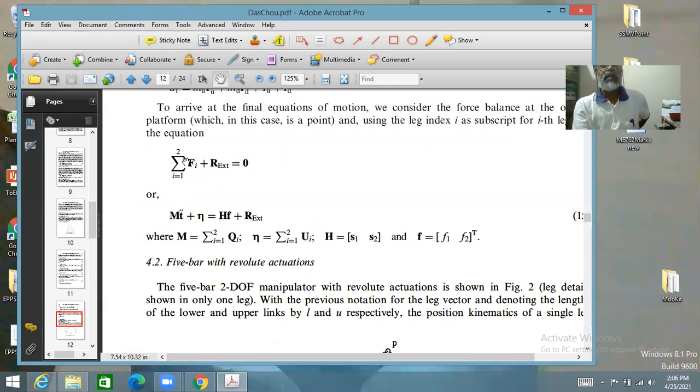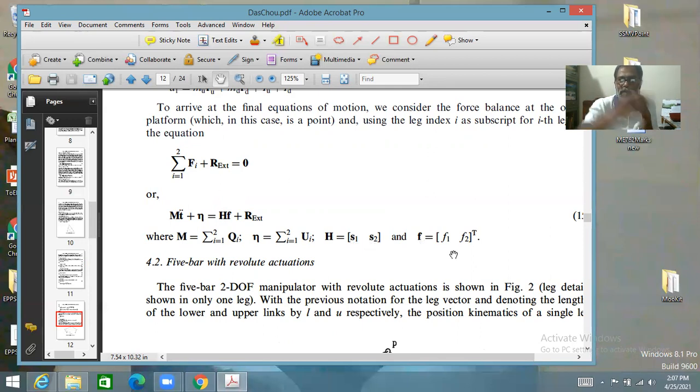So that's it. So from here we get the equation in this form, where the coefficient of t double dot, see t double dot and f come from there, right? So whatever was the coefficient of the small f there, the actuator force, that now comes with S1 and S2 here.